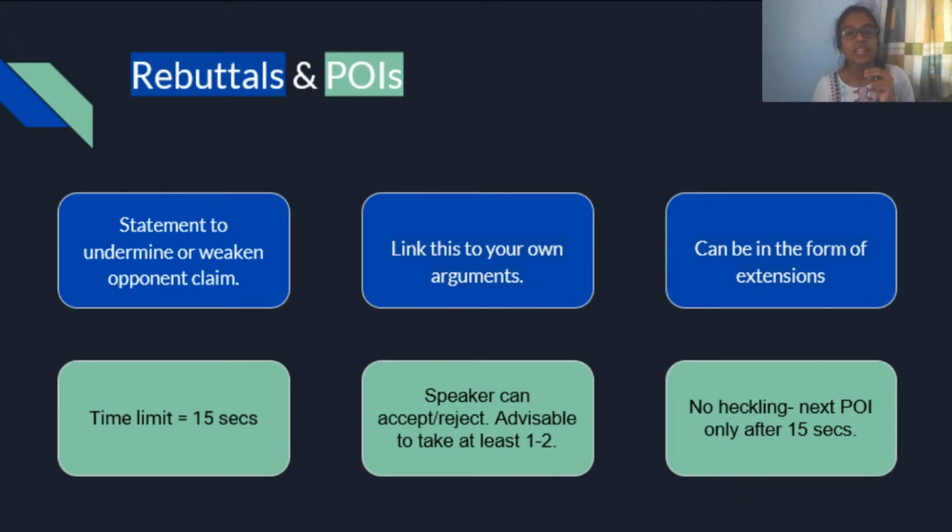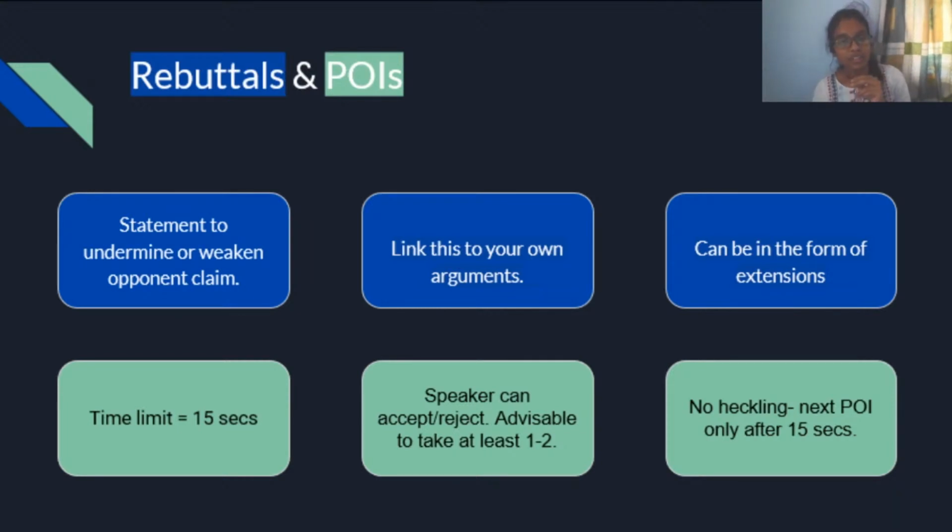Like they don't get HIV or many types of cancer. So in that case, why do you even have to do animal testing? Let's assume this is a case brought up by the government side. So please drop in a possible rebuttal that you can give from the opposition side in the comment box next to your video. So now let's move on to POIs.